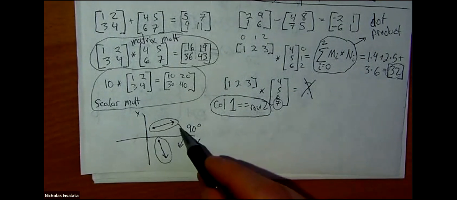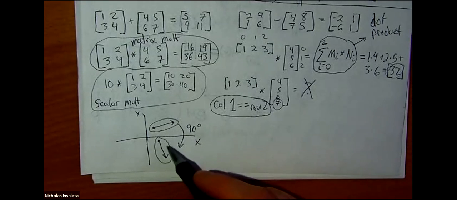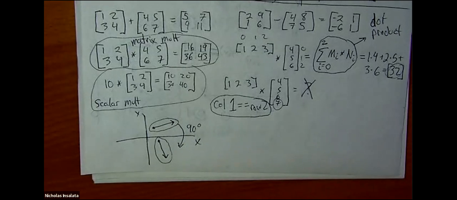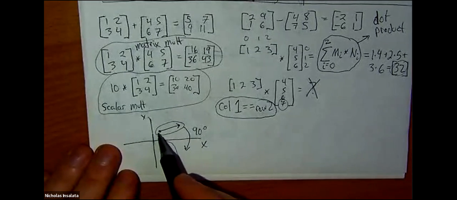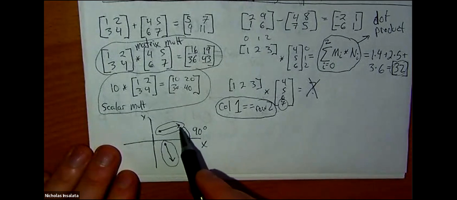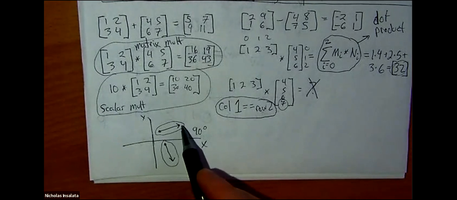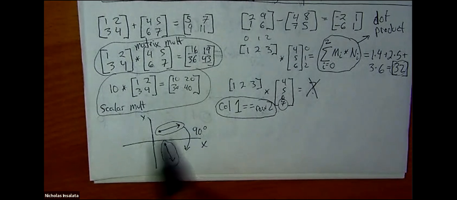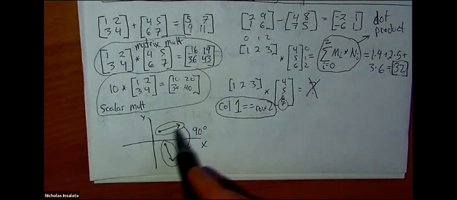And sorry, I shouldn't have used an arrow. This is not another vector. This is just meant to indicate that this one turns into that one, right? And what I can do is have this be represented numerically. I could have this vector in terms of numbers, the coordinates of the head and the tail.